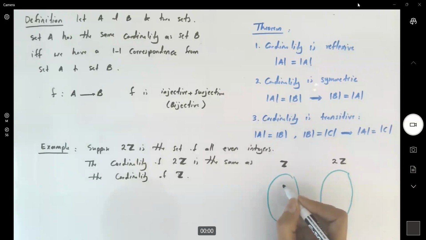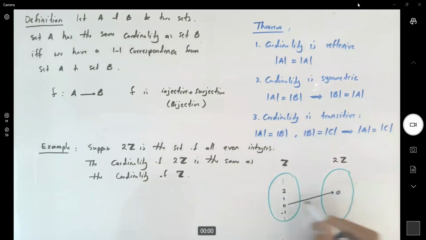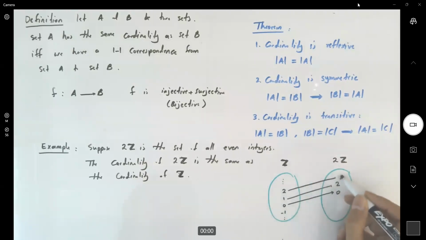You can take some elements like 2, 1, 0, and map them as you see fit. So, for example, you can take 0 and map it to 0. You can take 1 and map it to 2. You can take 2 and map it to 4, and so on. You can take -1 and map it to -2.